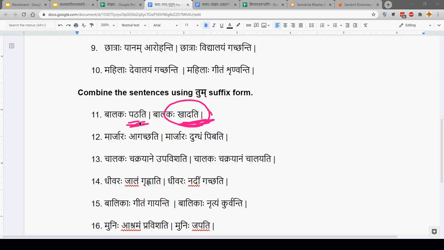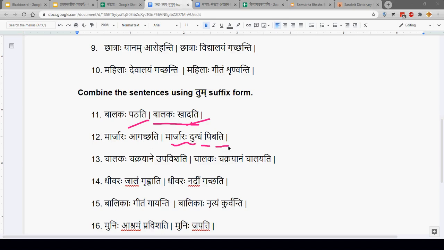So for that, this second action we want to change to tum form. For tum form, whether there is a prefix or no prefix, it doesn't matter. The tum comes at the end. So balakah khaditum, this we want to put first. To do the second action, he is doing the first action. So balakah khaditum, balakah patati.